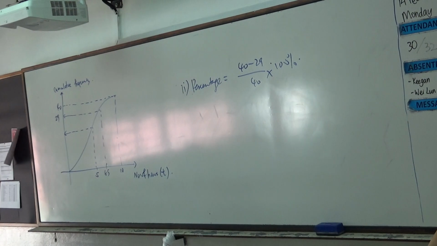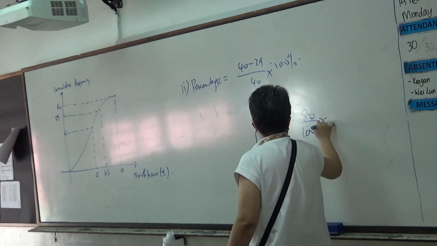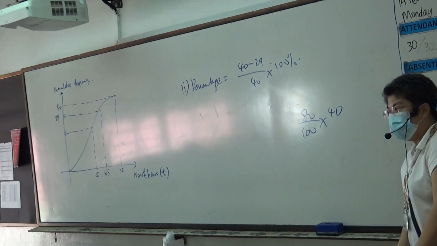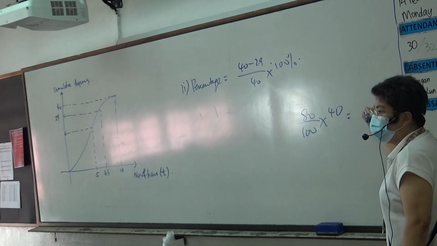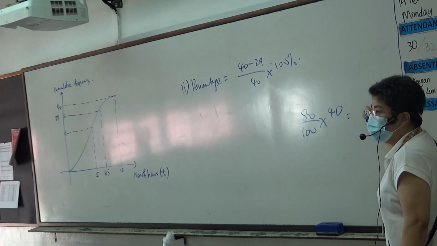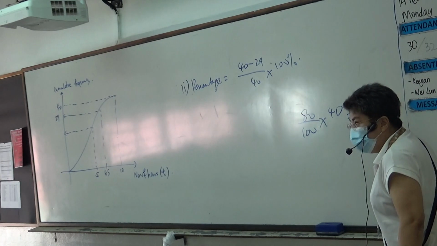The value of T such that 80% of the students surf the internet for 3 hours or less. Now, 80% of the students means 80% times 40, right? So how much is this? How many students? 32, right? Can you see it's 32?